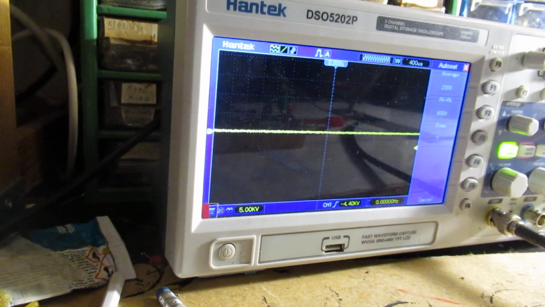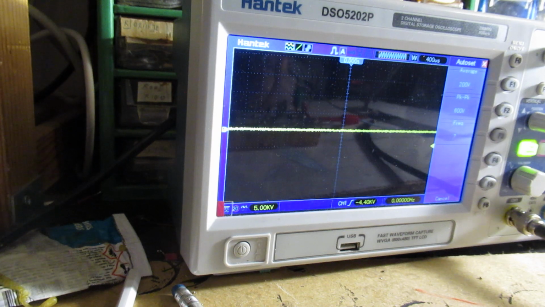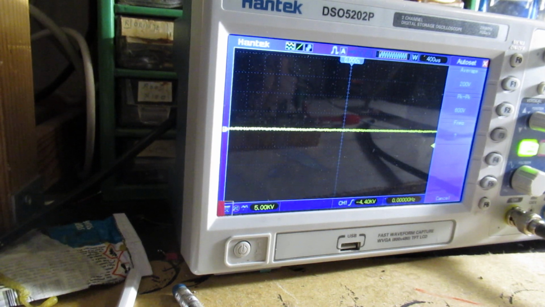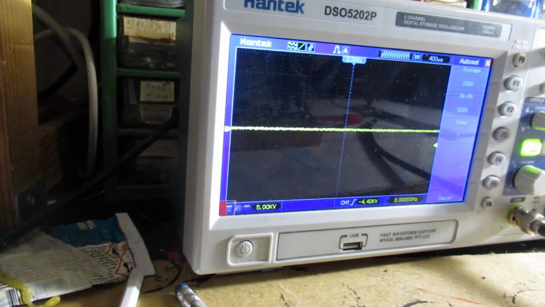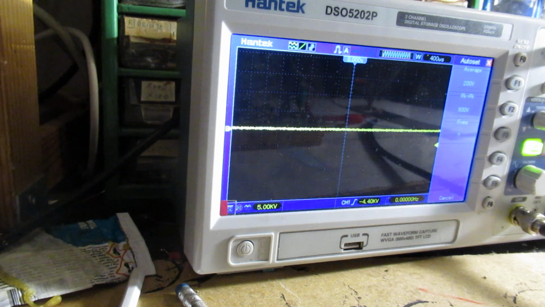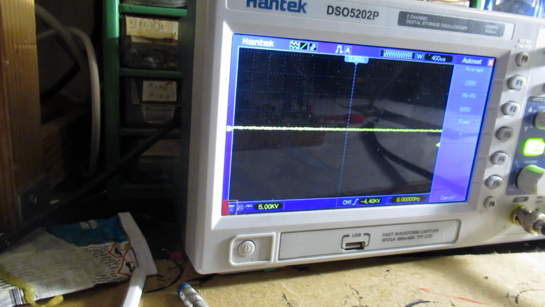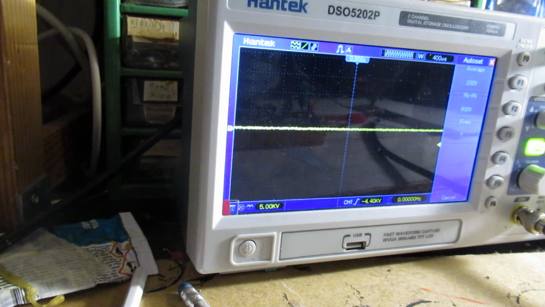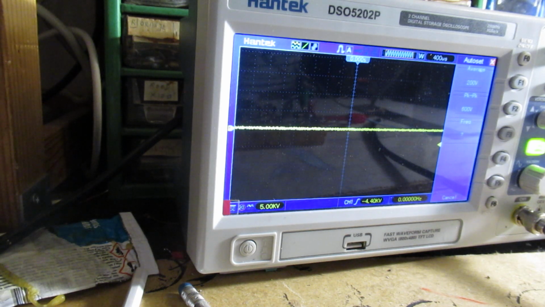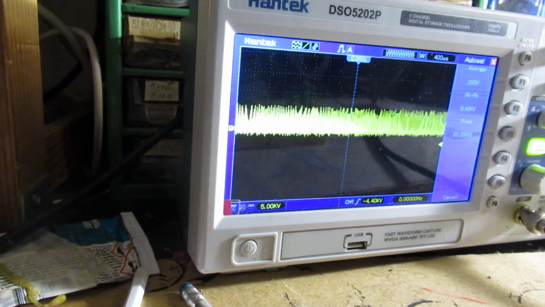Because of the use of the high frequency transistors, I think that can work. Of course, for my earlier experiment that I've showed, I've switched in the two 0.22 microfarad capacitors. So let's see what happens. We are now, by the way, on 23 volts. Let's see whether we can get an oscillation here.